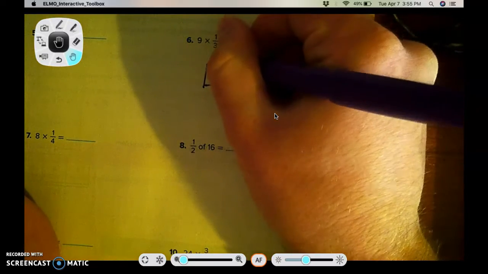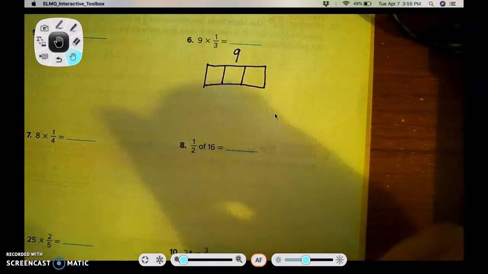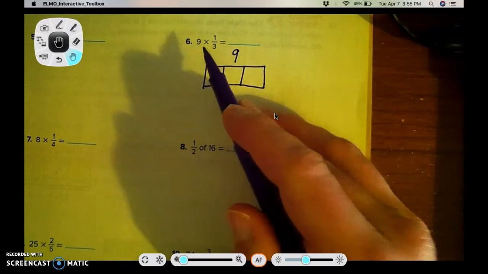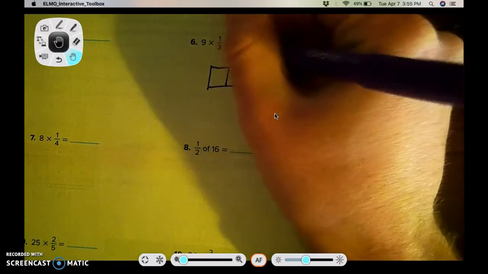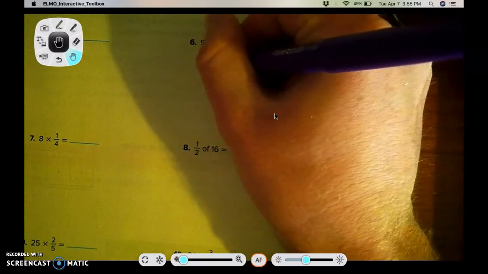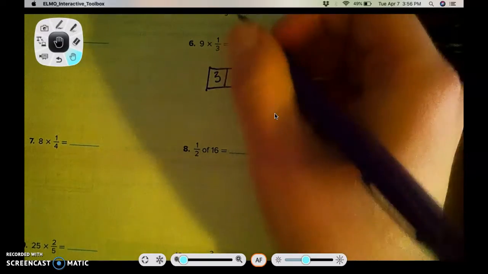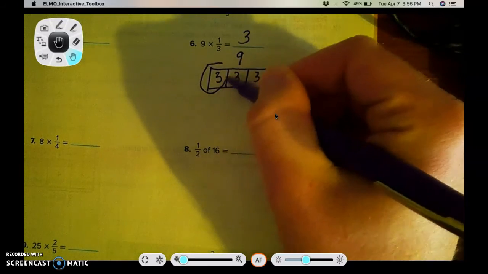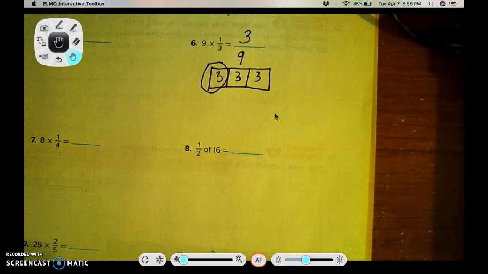So I'm going to split it into 3 equal sections. If I take 9 divided by 3, I get 3. So 3, 6, 9, and I just want one section, which is going to be 3. So 1/3 of 9 is 3, or 9 divided by 3 is 3.